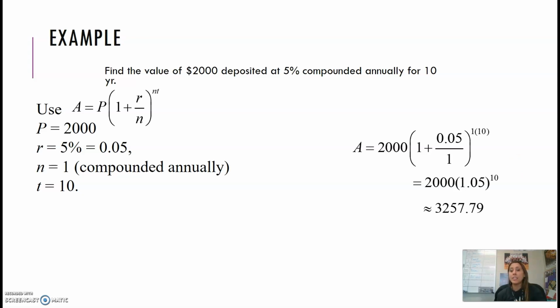Now, we just need to put our answer into context. So when we put our answer into context, the account is going to be valued at about $3,257.79. One thing to note is in context, we would always round to the nearest penny because money can't go beyond that. So you're always going to round to the nearest penny when it comes to money.